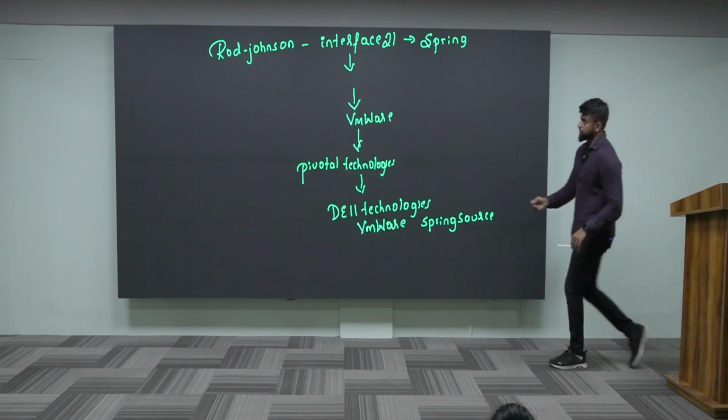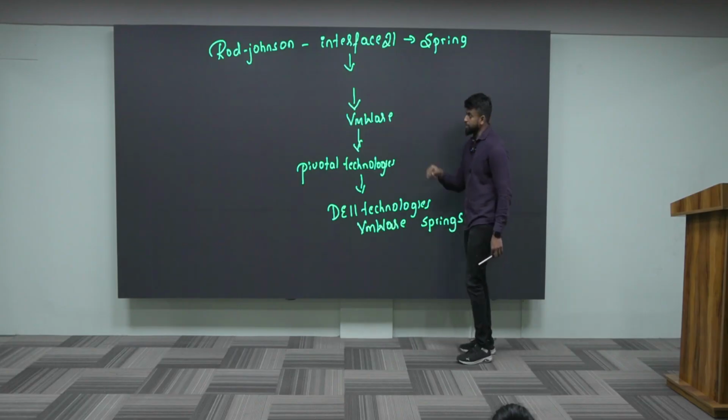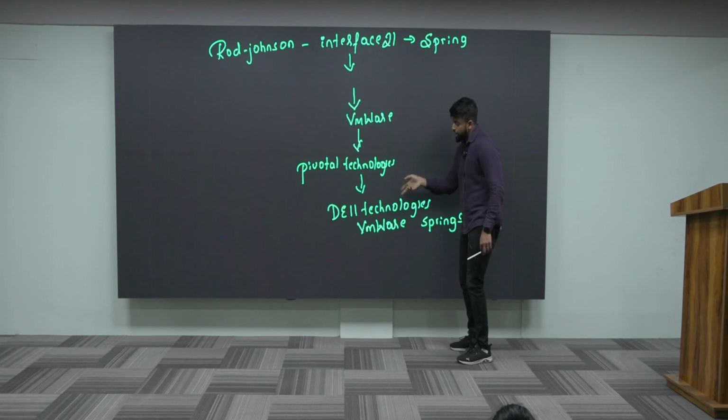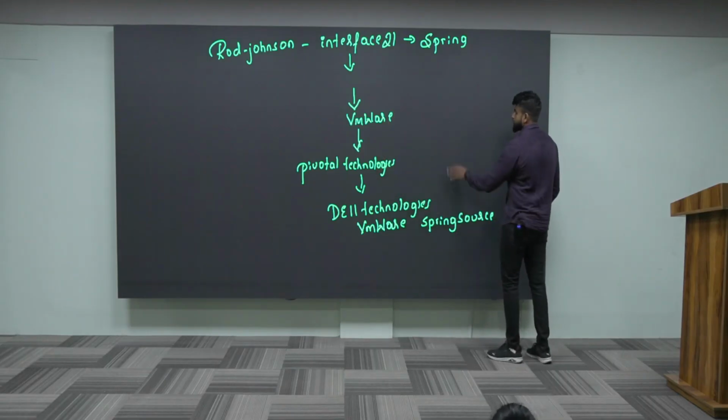Such an irony. Look here, VMware sold Spring Source to Pivotal, but it got to know the beauty of this Spring, and what it did is acquire it again. And how did it acquire? By that time VMware was under one parent company known as Dell Technologies. There is no confusion here. Is there a confusion? No. So currently, if you ask me, your Spring framework belongs to which company?